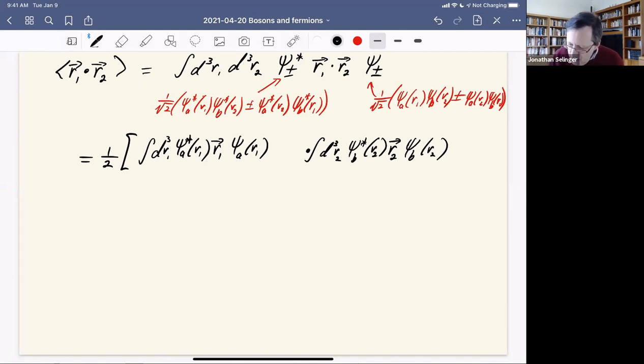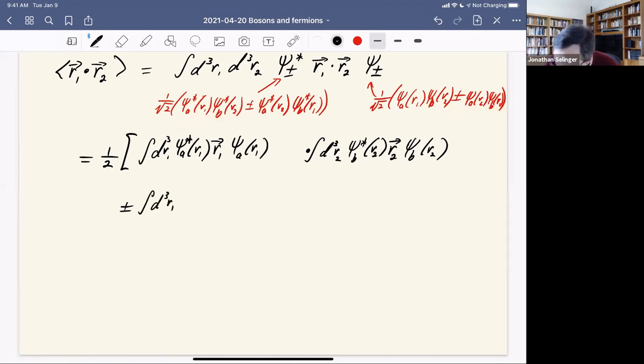Now there's a term where we have the first thing here times the second thing there. Here there's a plus sign, here there's a plus or minus sign, so the product of those makes plus or minus.